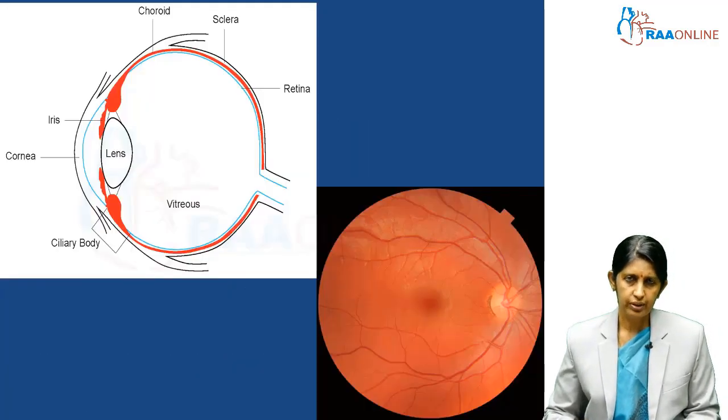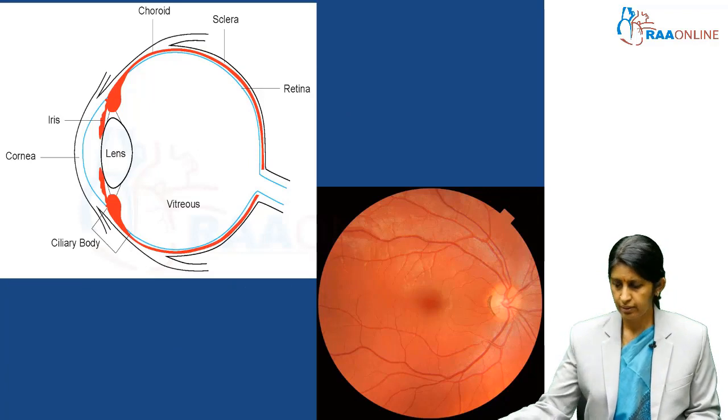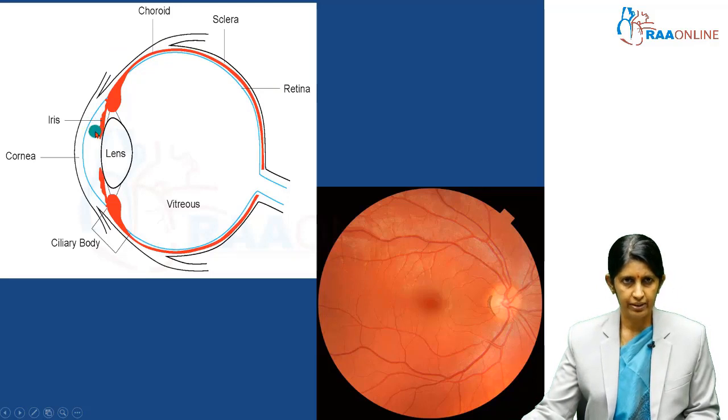So this is the picture to show you the anatomical continuity of the uveal tract. So this is the iris, the ciliary body, which is this comma-shaped enlarged bulbous structure, and the outlined red area which is running behind the globe is the choroid.